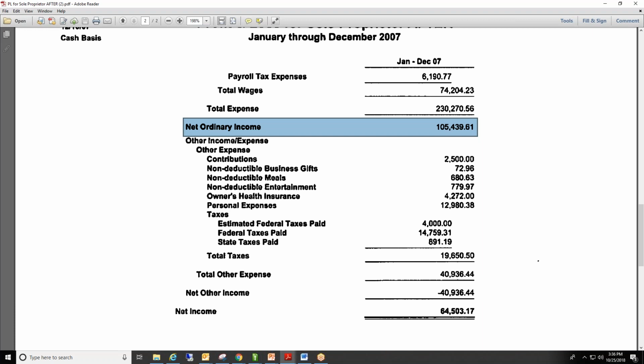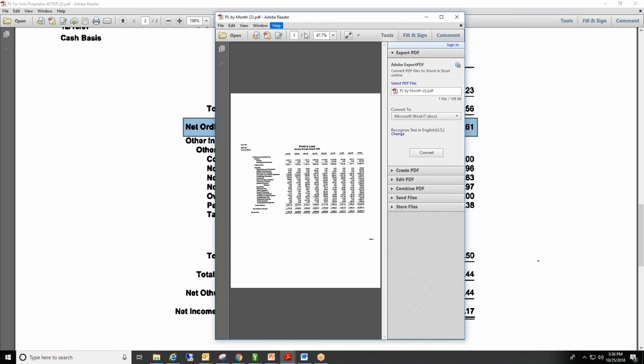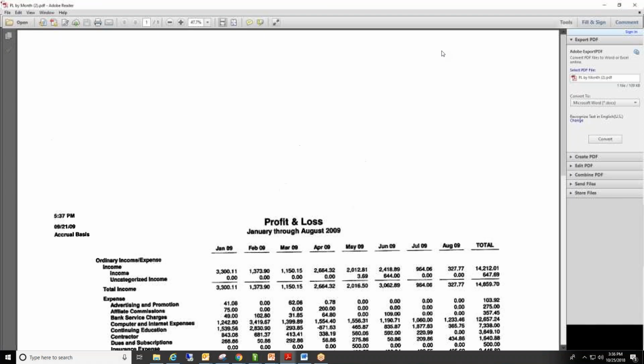I believe this was my example of a sole proprietorship, and that would make sense with all the below the line item accounts. I'm going to show you one more statement, and then we'll go back to the PowerPoint here.